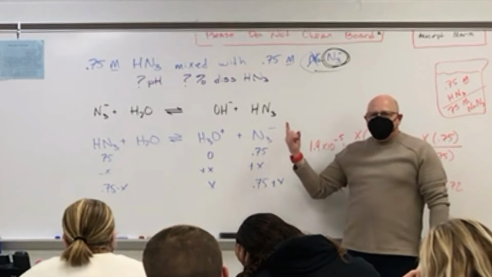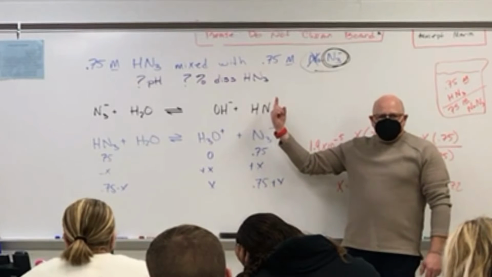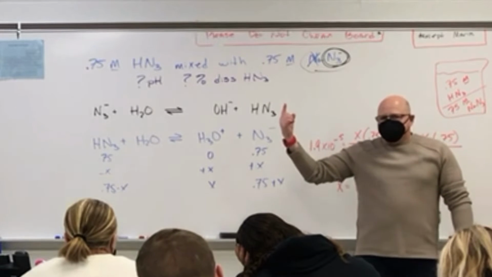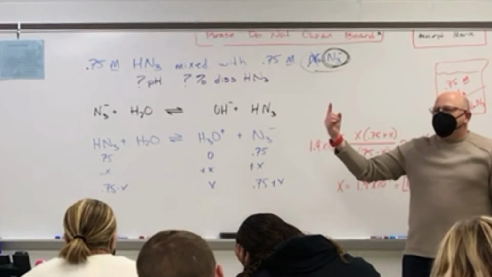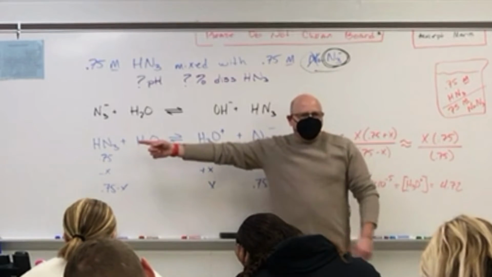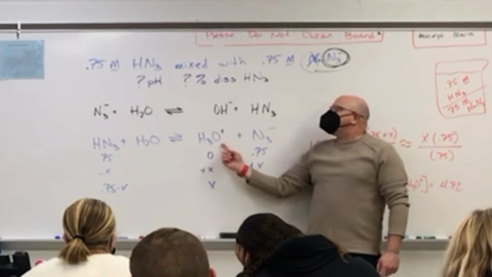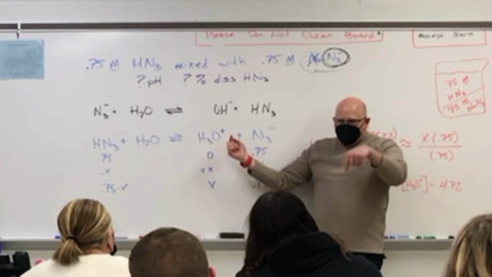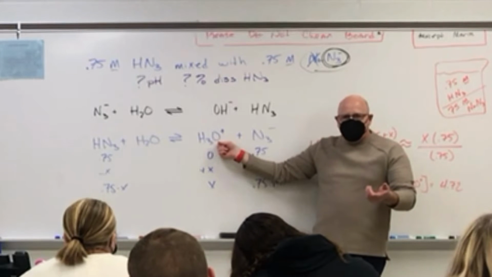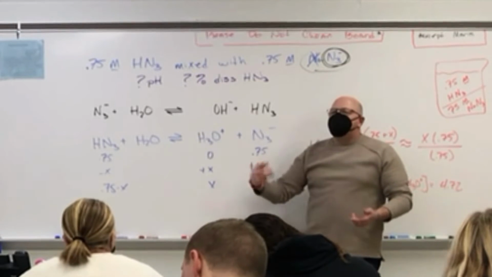If I increase the amount of azide, it's got to shift, like Le Chatelier's shock. Backwards, it's going to go this way. So if I increase this and it shifts that way, what happens to this? It's got to go down, and this is what's telling you the pH. If this decreases, you're getting less acidic.